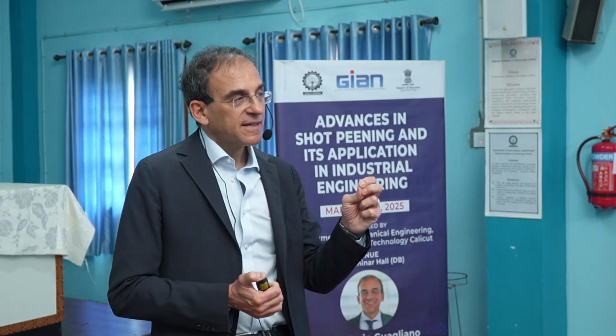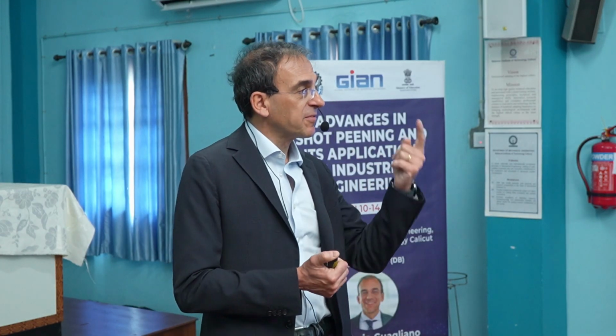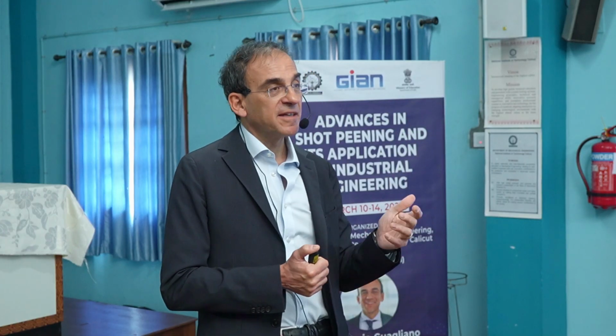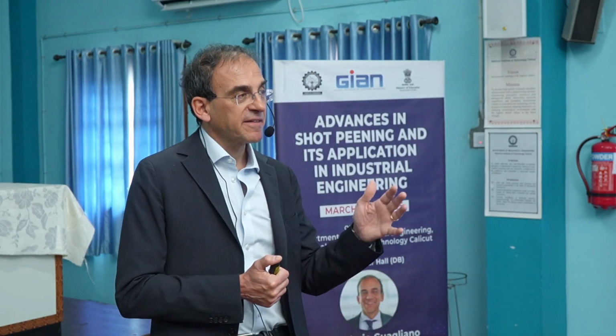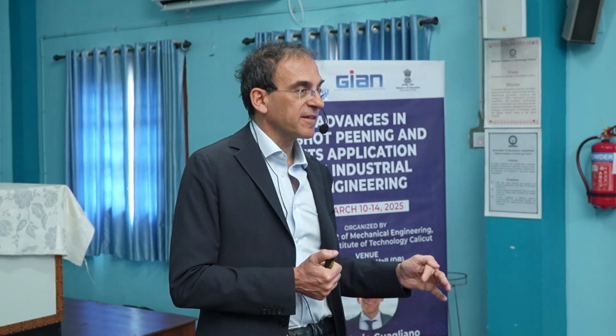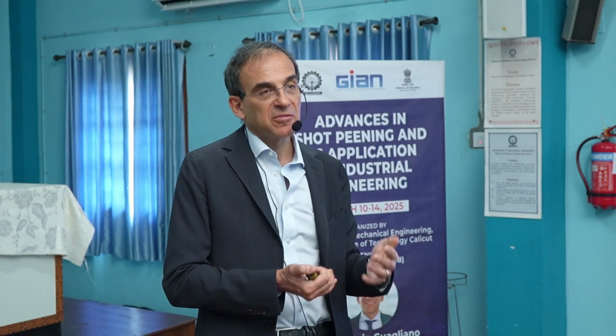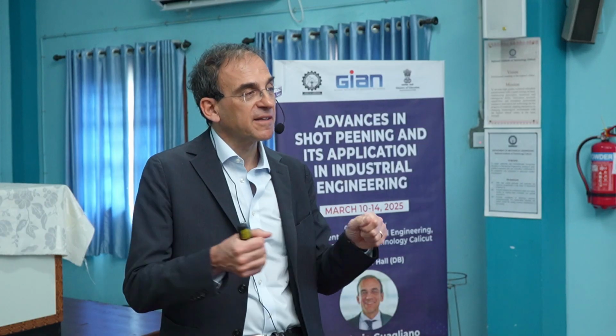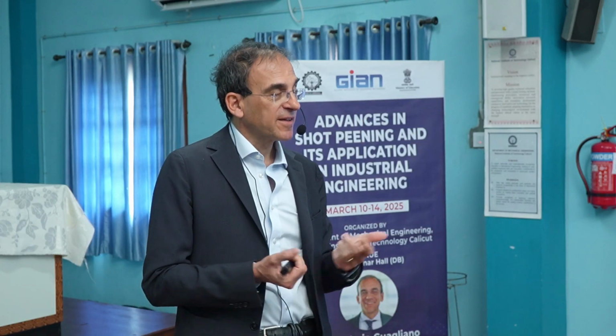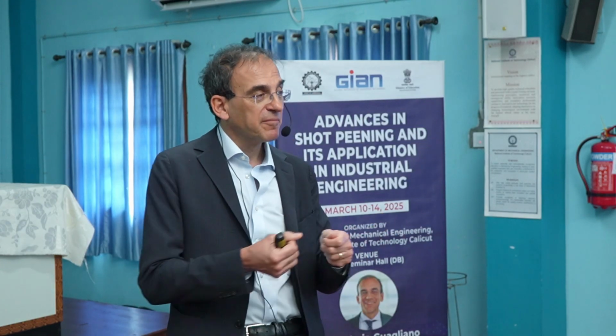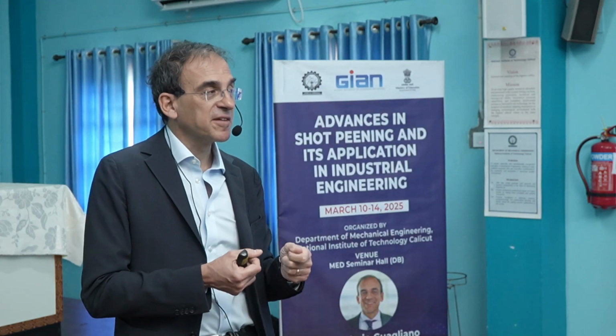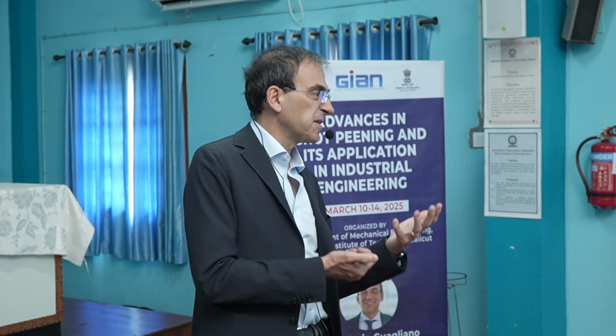And a common point, the first point, is what I already said, that the media must be harder than the target surface, the workpiece. Otherwise, we are not getting plastic deformation, at least not as wanted, but we are getting plastic deformation in the shot, and this is not what we want to obtain.